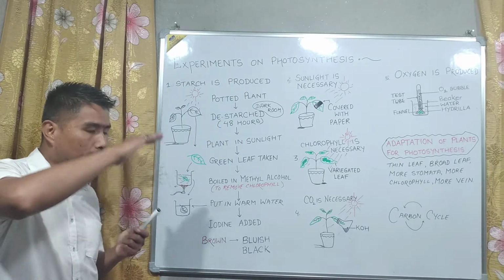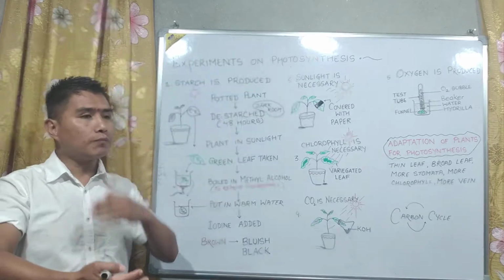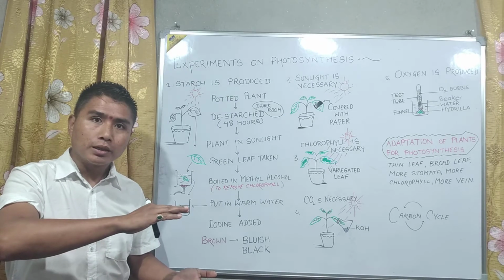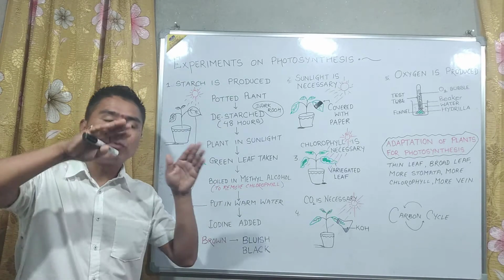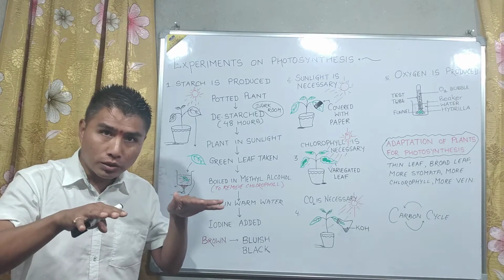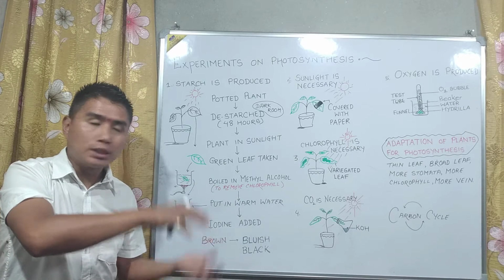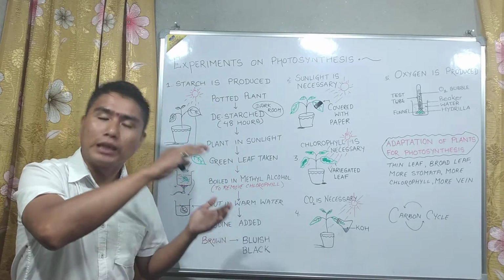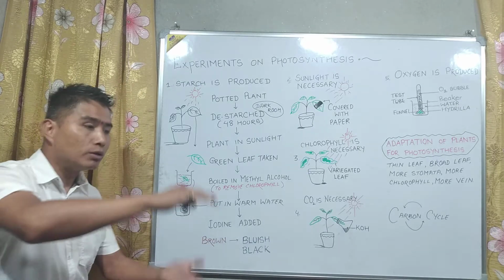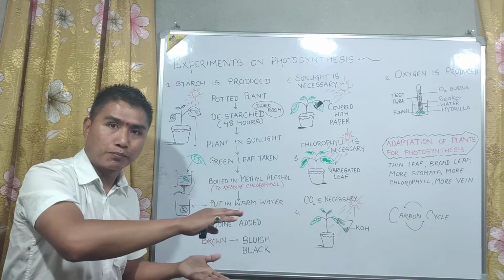When you keep the potted plant in a dark room for 48 hours, whatever starch was present in that plant, the plant will utilize within 48 hours to survive. So when you take out the plant after 48 hours, there will be no starch left in that potted plant. Now we can be assured that there is no starch.